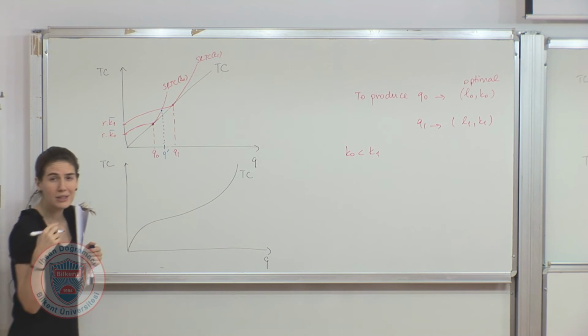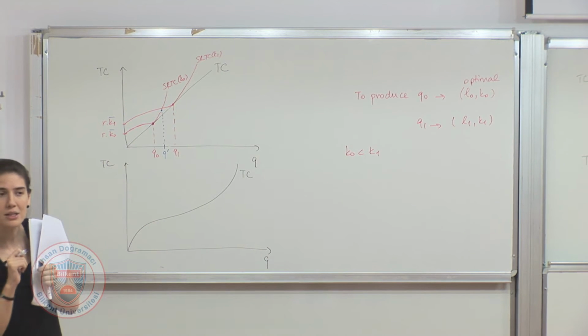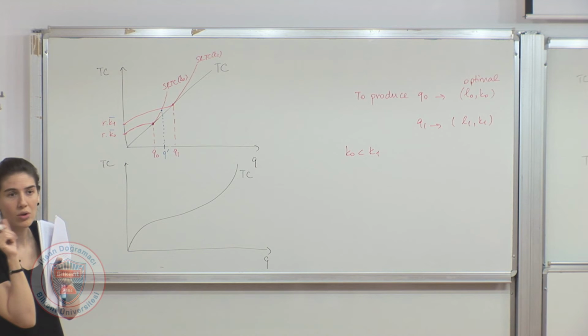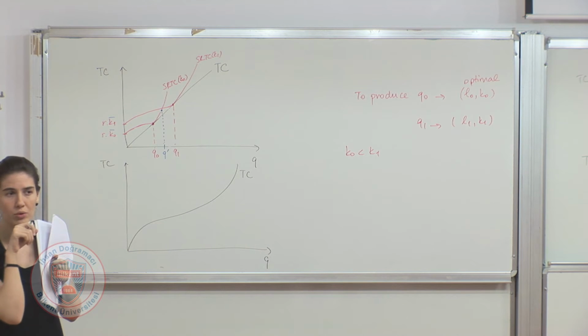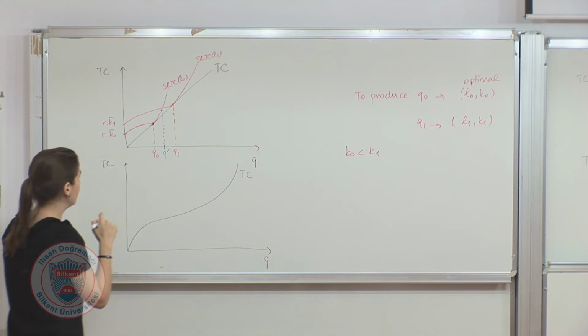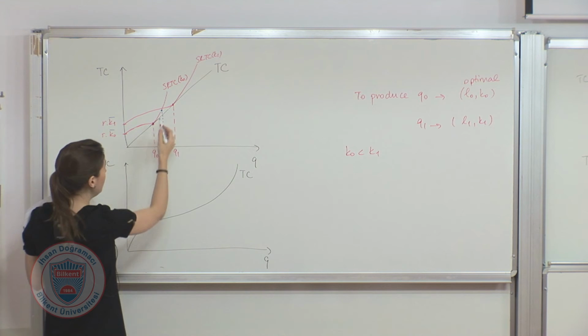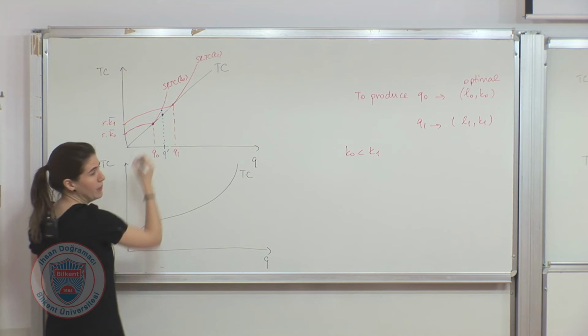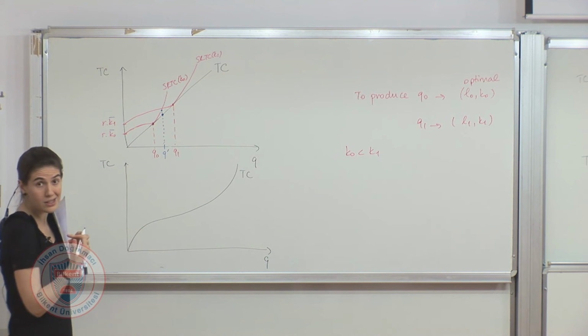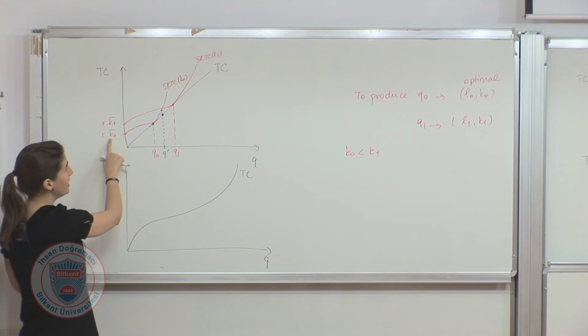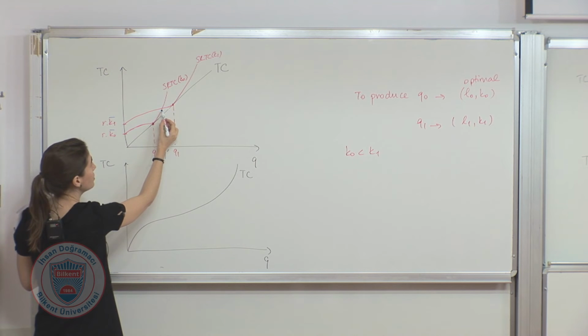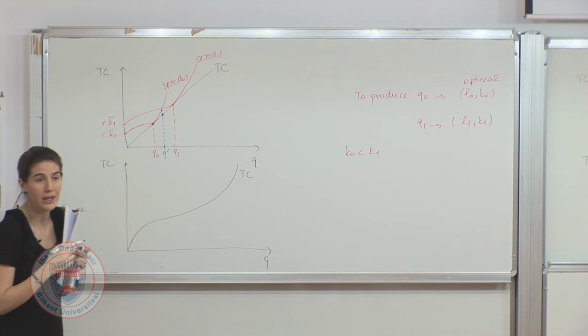What does this tell me? It tells me that when you would like to produce Q bar units of output, the minimal cost you can achieve is this much, right? But if you insist on producing it with your K0 level, your costs would be much higher, okay?